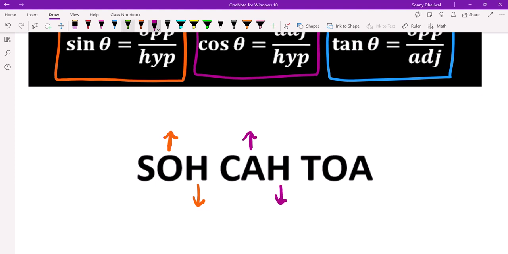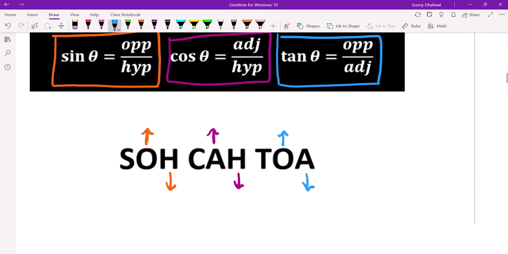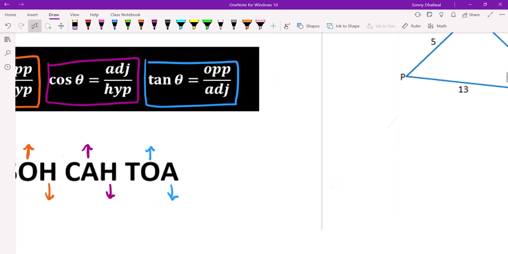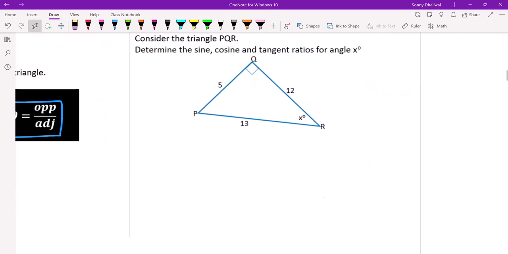My tangent formula is my opposite side over the adjacent side. If you look at the arrows, they just go up, down, up, down, up, down each time. So sine is opposite over hypotenuse, cosine is adjacent over hypotenuse, and tan is opposite over adjacent. Okay. So just up, down, down. It will get stuck in your head. We'll be using it every single day for the next 2 weeks.